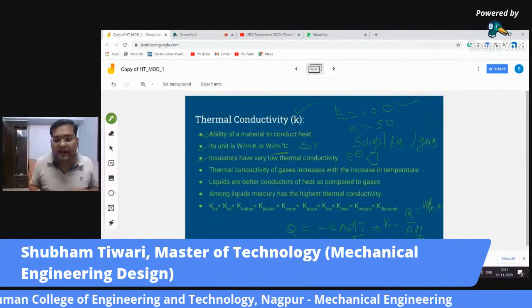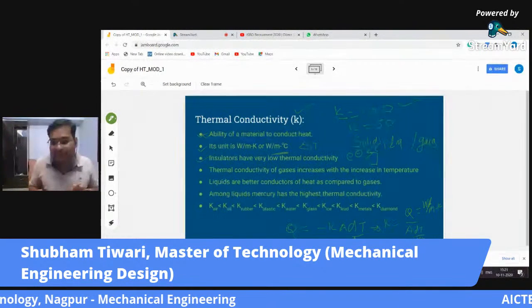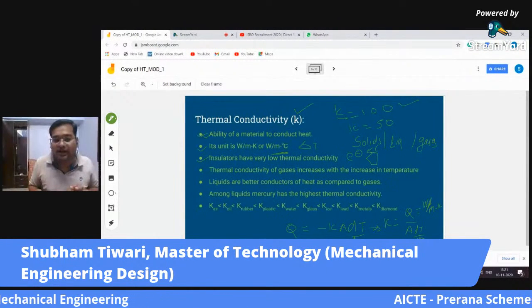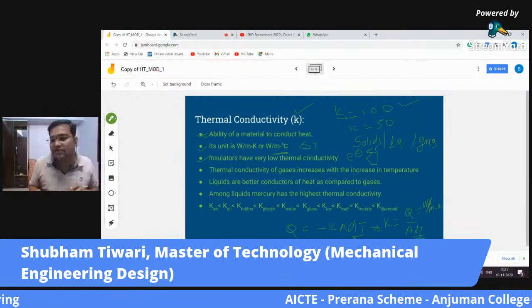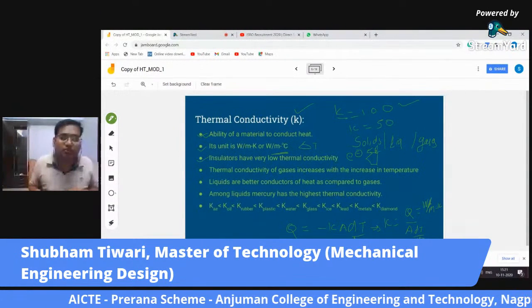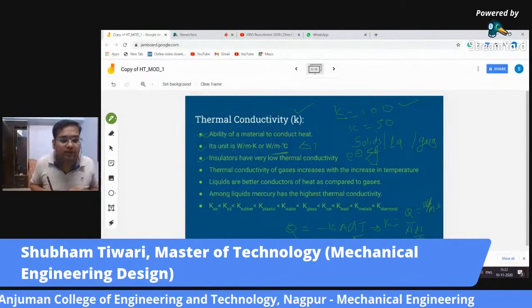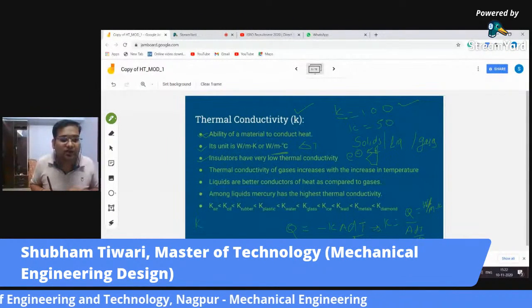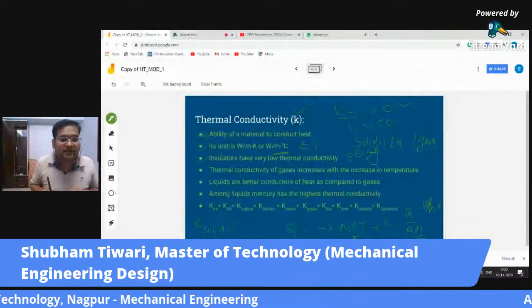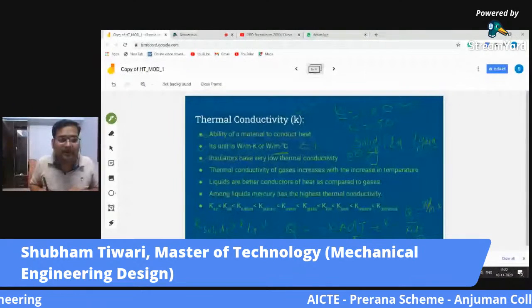Both of these are present in solids in ample amount, because most metals are solids, and some non-metals which are solid possess this property of perfect crystalline structure. So this means that the thermal conductivity of solids is greater than that of liquids, and it is greater than that of gases.